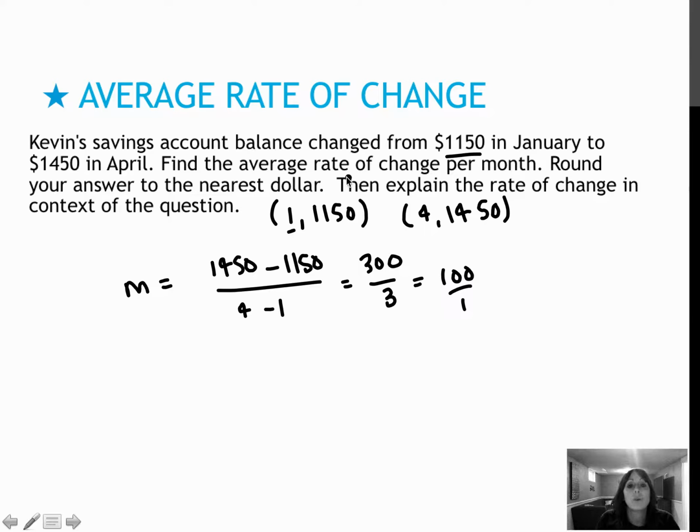Again, if you're going to explain the rate of change in the context of the question, it's not a bad idea to put the label on there. So this was dollars and this was months.